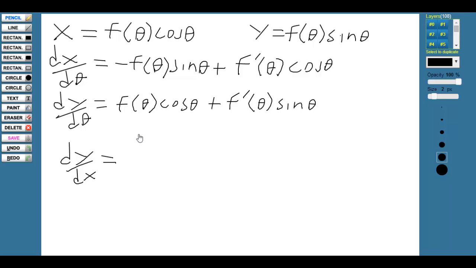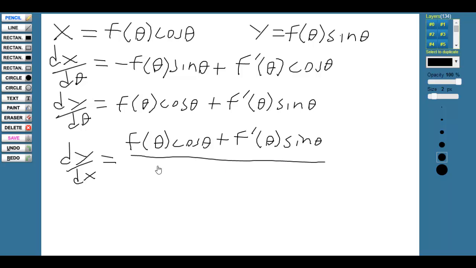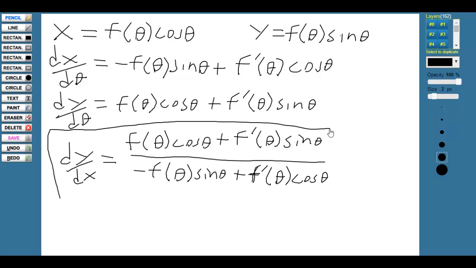So dy/dx will equal f(θ) cos θ plus f'(θ) sin θ over negative f(θ) sin θ plus f'(θ) cos θ. And this is your equation for the derivative of a polar graph.